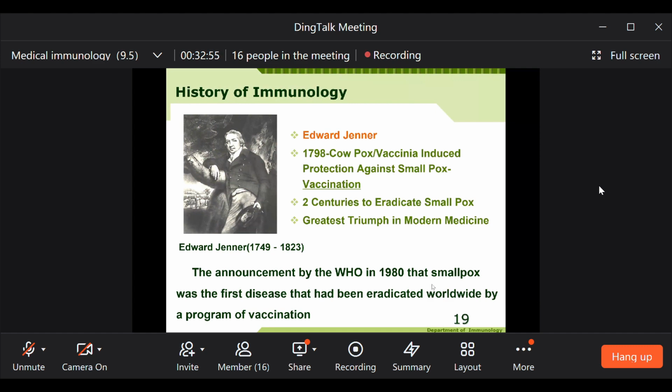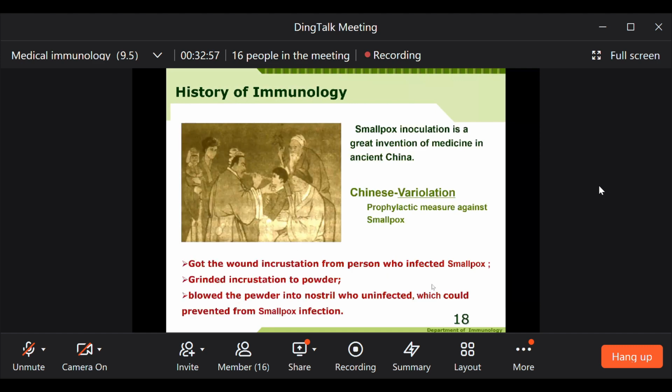But we can see in this picture the body was not infected, yet it directly touched the smallpox. This is also very dangerous.